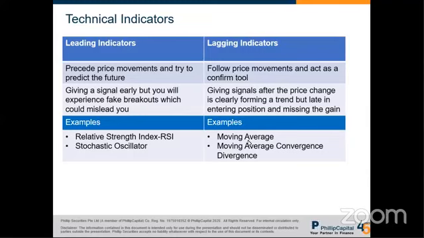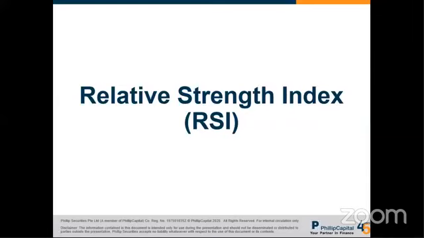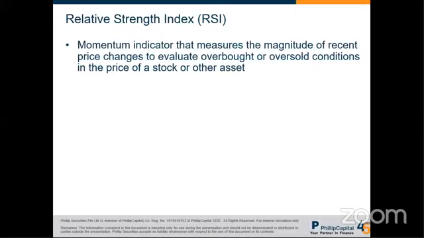Some of these are the moving average and also the MACD that we will discuss today. First of all, we will discuss the RSI, the Relative Strength Index. It is a momentum indicator that helps you evaluate overbought and oversold conditions in a stock price.